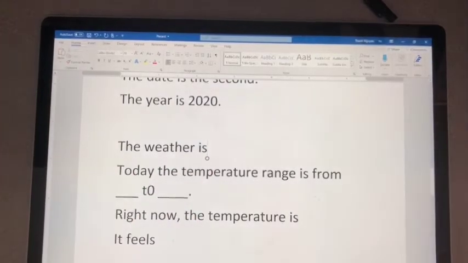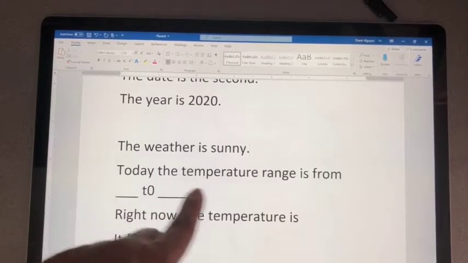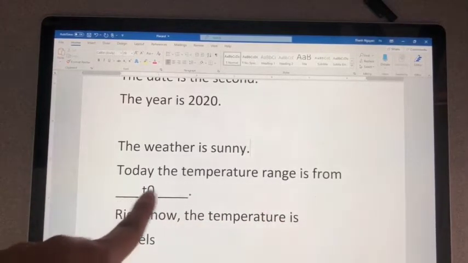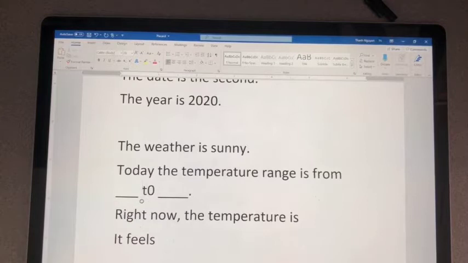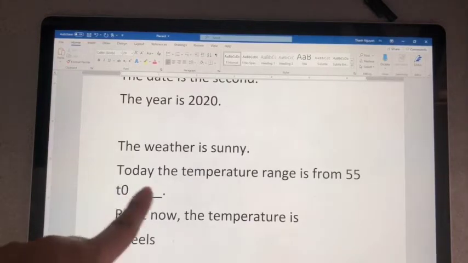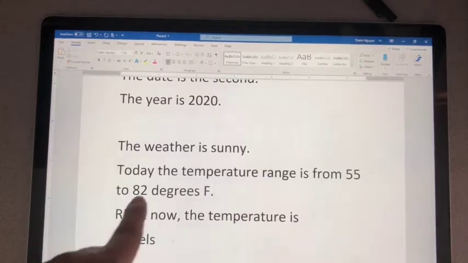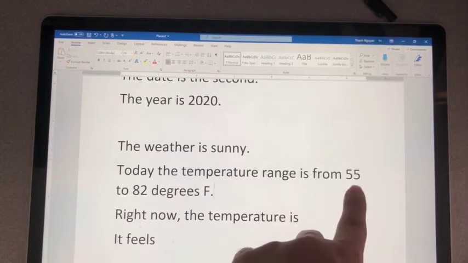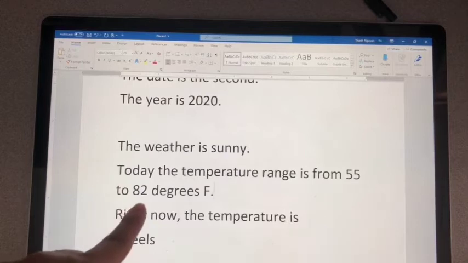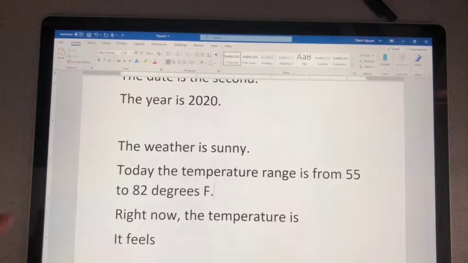The weather today is sunny. Today, the temperature range is from the low temperature is 55, and the high temperature is 82. Today, the temperature range is from 55 to 82 degrees Fahrenheit.